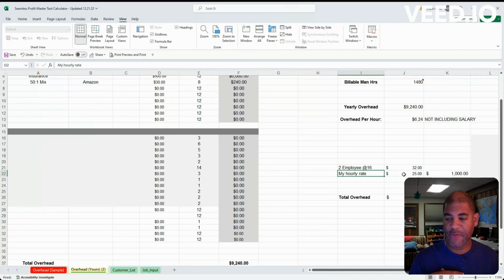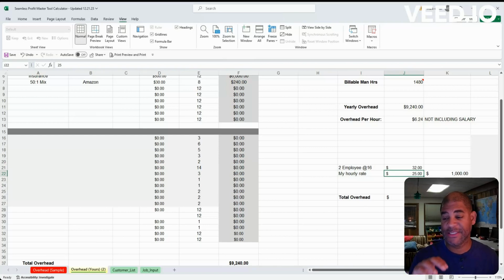I pay myself about $25 an hour just to keep something on the payroll. I'm set up as an LLC. I've taken the S classification, so there are some reasons why I pay that rate. But once you add this up, you're going to see that 25 plus 32 plus your 6.24 is going to come out to a total overhead of $63.24.